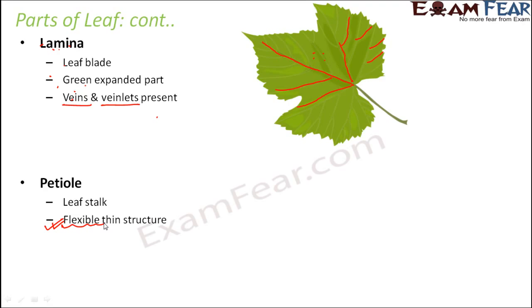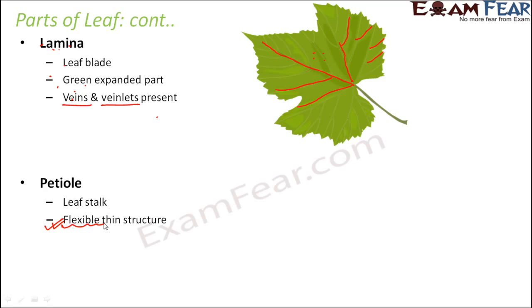Since it is flexible, it also helps the lamina to be in the correct orientation towards light, because as I said, lamina is that part of the leaf which contains chloroplast, and chloroplast contains chlorophyll, right? And chlorophyll is necessary for photosynthesis, and photosynthesis is the process which provides food to the plant, and that is mandatory, correct?